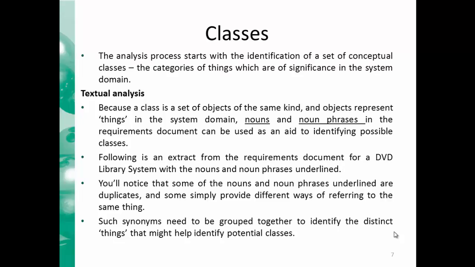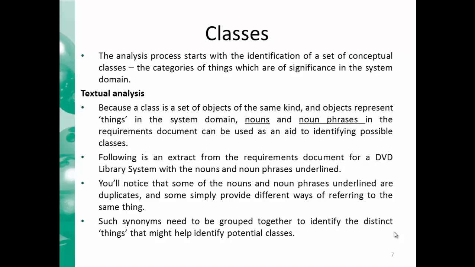So in real life, how do we identify objects? We look around, and from our experience, we can distinguish one object from the other. And we call these things things.